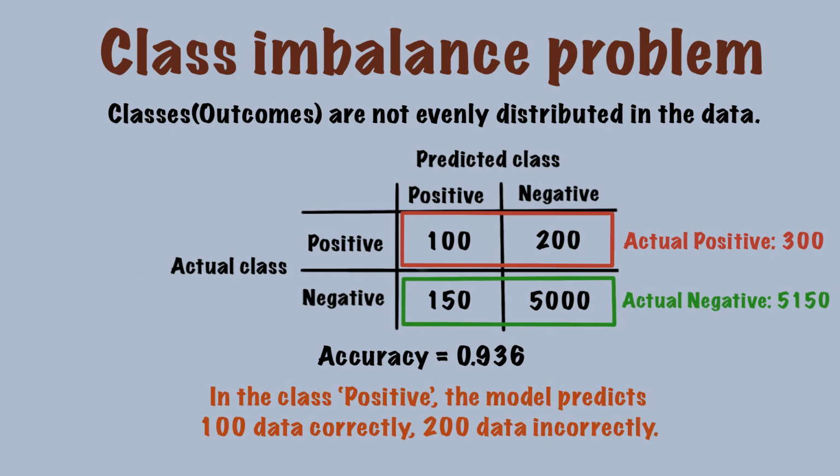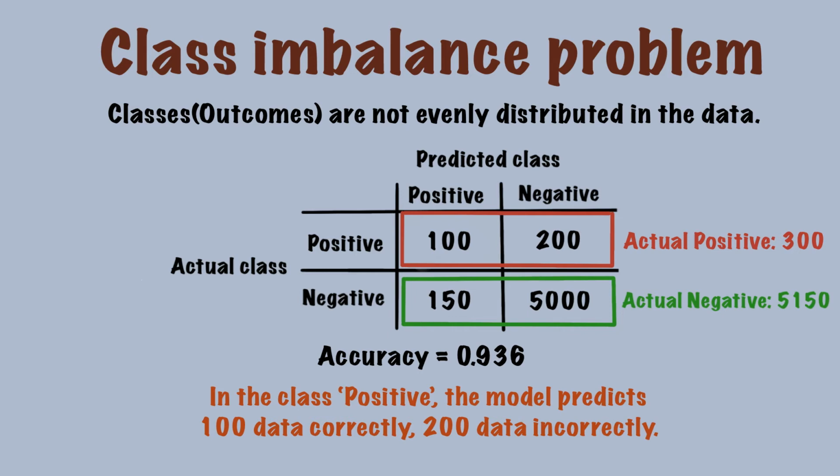No, it isn't. If we only look at the class positive, we'll find the model classify 100 data points correctly, 200 data points incorrectly. In other words, out of 300 positive data, the model predicts 200 as negative.